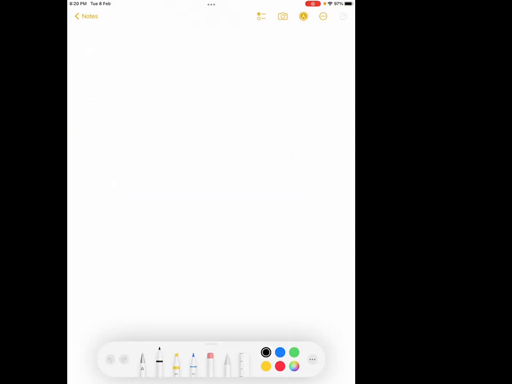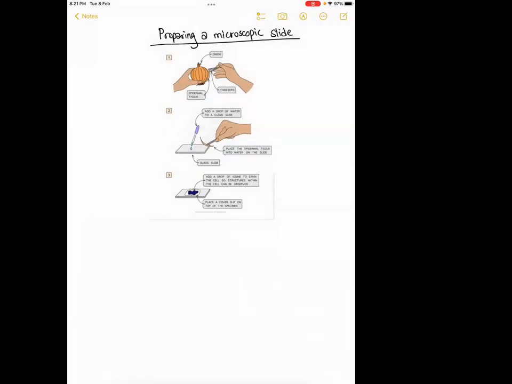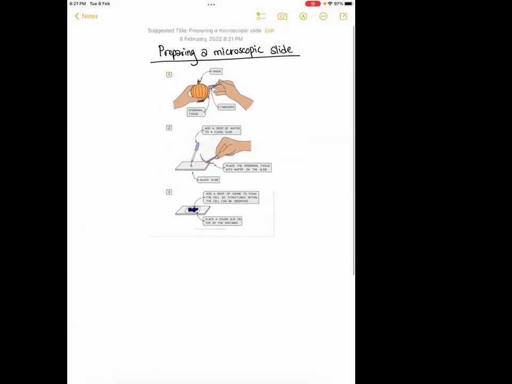Now you need to actually be able to prepare a microscopic slide. So that's the way.